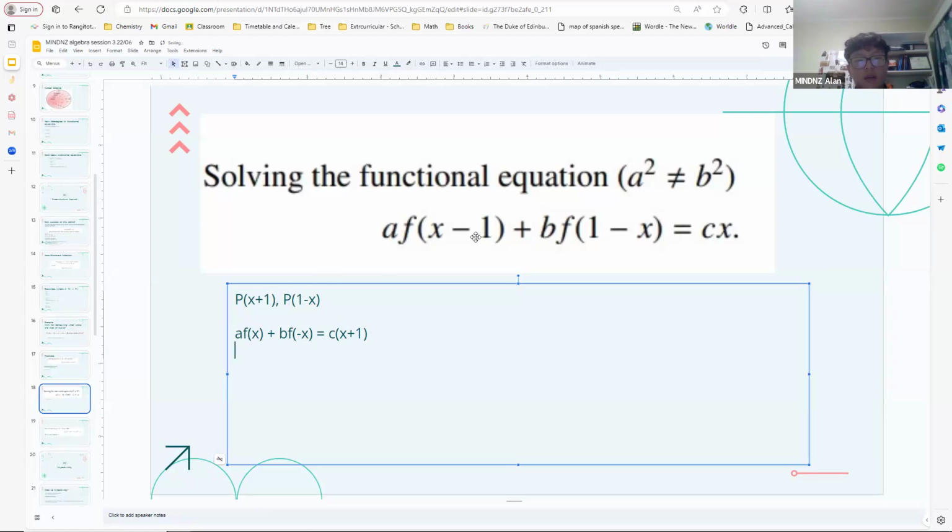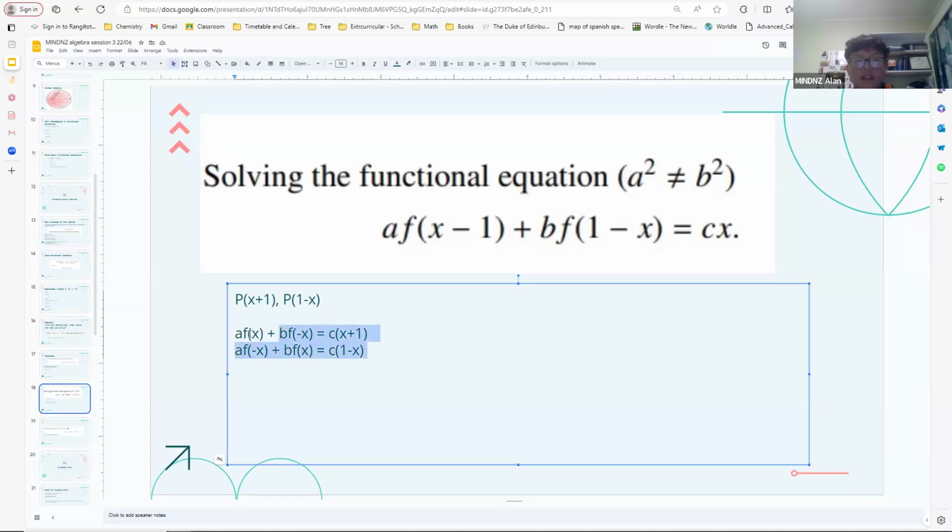And then by plugging in 1 minus x, we have a times f of negative x plus b times f of x equals c times 1 minus x. Okay, so I can't say positive x because x may be negative as well.